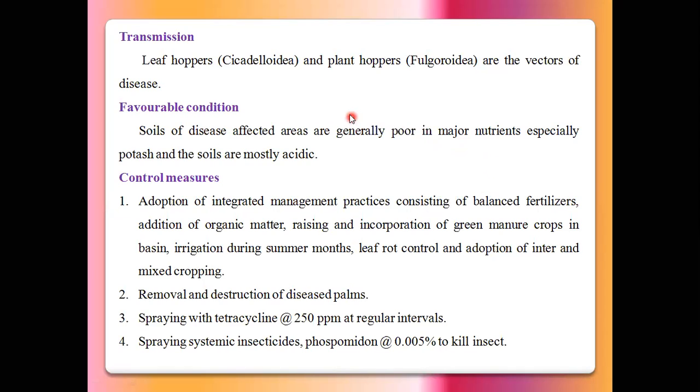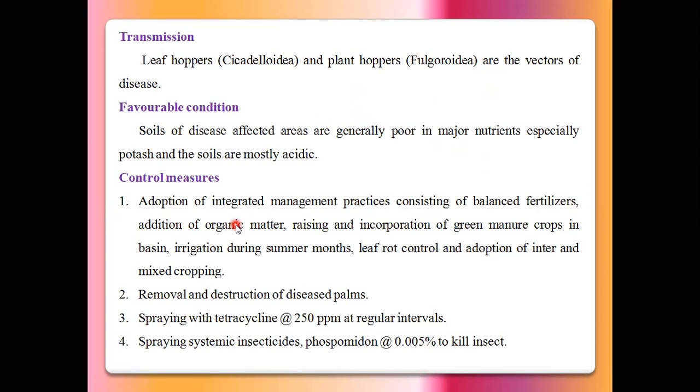This root wilt infection spreads from one plant to another plant through leaf hoppers or plant hoppers. This is the insect vector mainly responsible for transmitting such diseases from one plant to another.